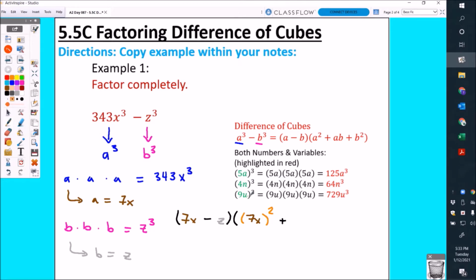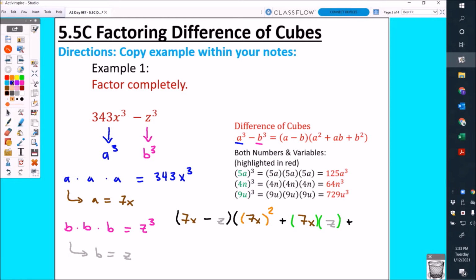Next is going to be my a value times the b value. So 7x times my b value, which is z. Then followed by the plus.